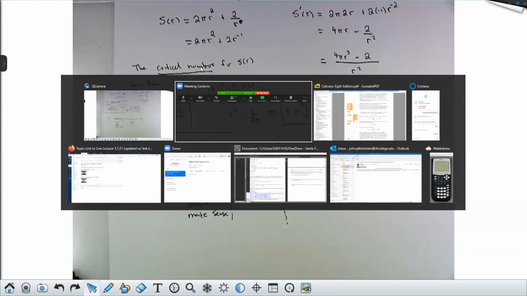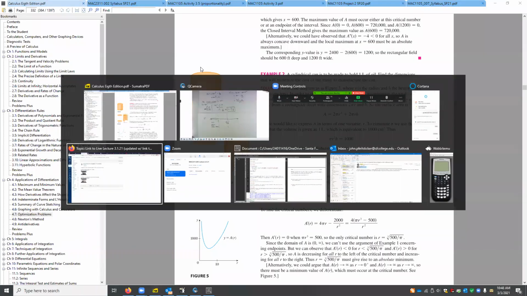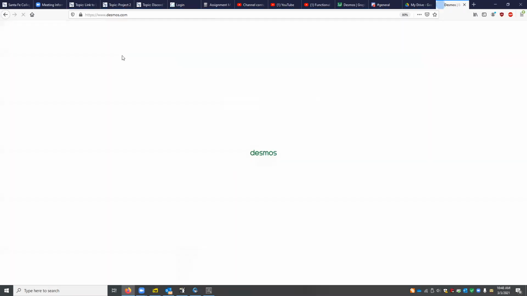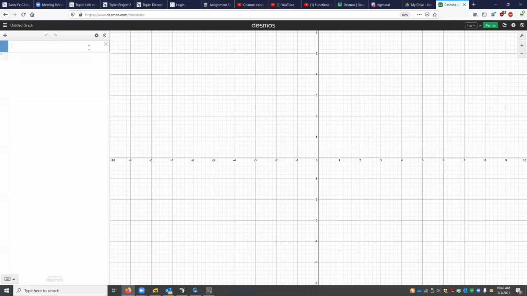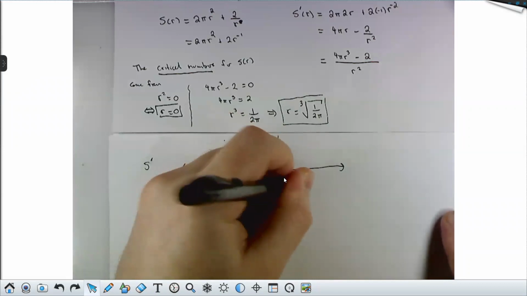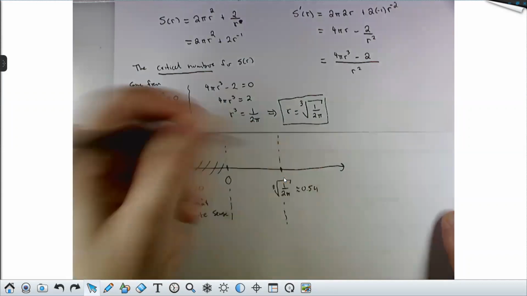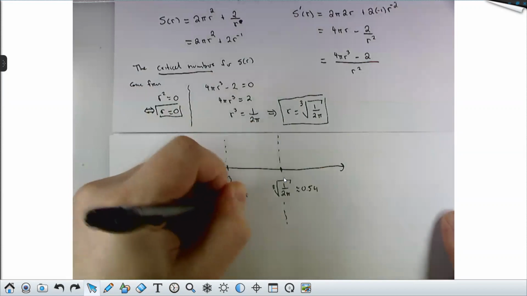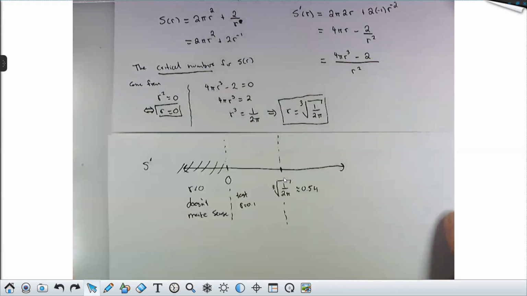I don't quite trust that entry mechanism, so just to be triple sure, it never hurts. What I want is the cube root of 1 over 2 pi. Yeah, it's not quite right. So it's 0.54. But certainly the 0.1 is smaller. So this is what I've done. This is about 0.54. So in here we could test r equals 0.1. If I plug in 0.1 for r here, again, I'll use my calculator.